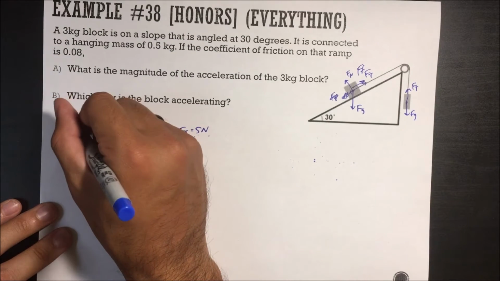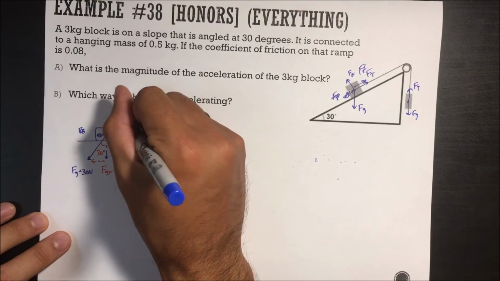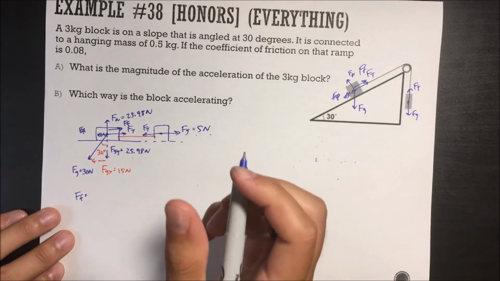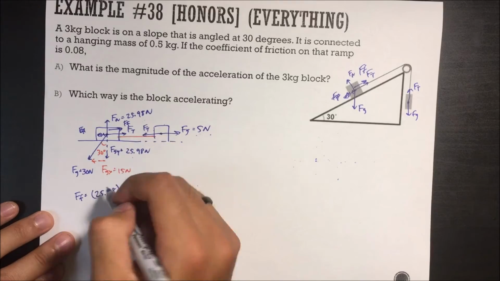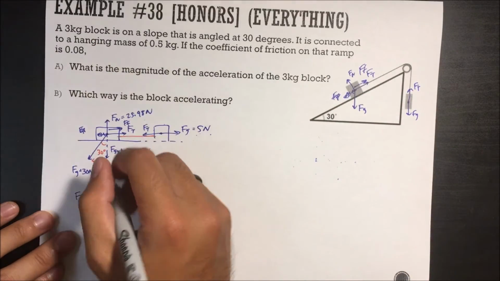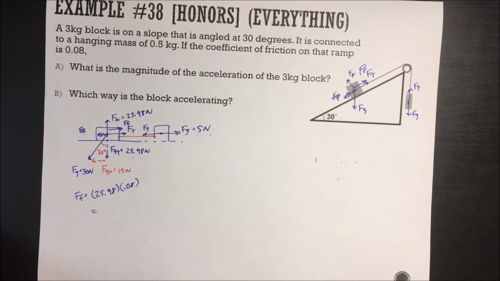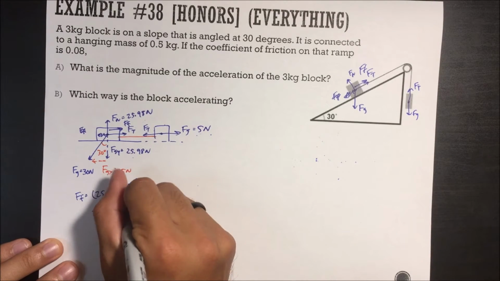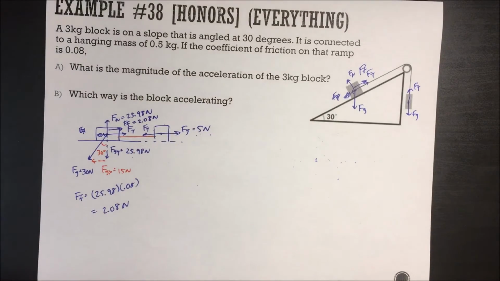The force of friction is going to be going this way. And what I know about the force of friction is it's going to be equal to the normal force, 25.98, times the coefficient of friction, which is 0.08, and we get 2.08 newtons. Sorry, that's a bit messy.